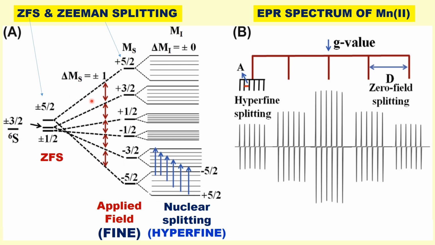and the Zeeman splitting and nuclear splitting diagrams of manganese 2+. The diagram of manganese 2+ ion splitting due to zero field splitting, Zeeman splitting and nuclear splitting is shown in the figure. This is the EPR spectrum of manganese 2 ion or manganese 2 complex.